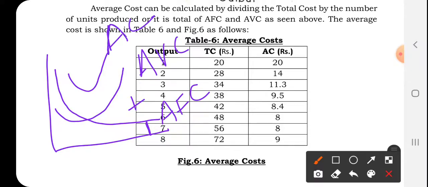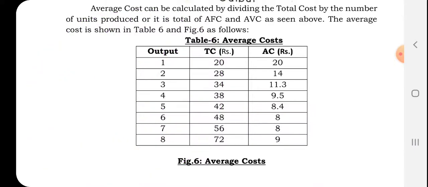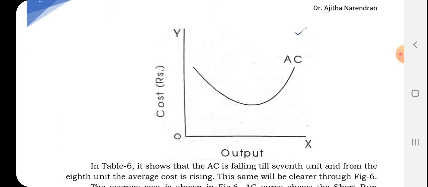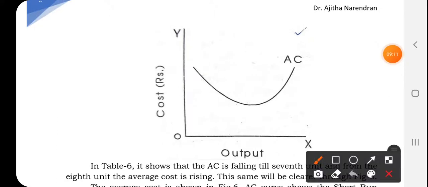So average cost takes the shape of average variable cost. This is the diagram, and it resembles a U shape. In the beginning the cost is reducing; after reaching a minimum point, it starts increasing.